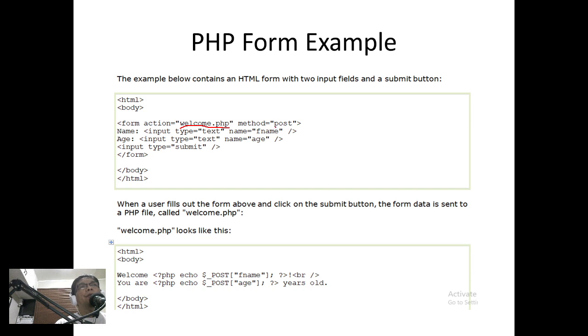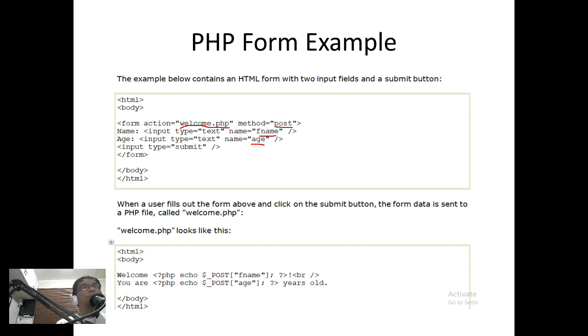And then here is the method of passing the data from this form to that page. That means if we click submit, it will open that page and the data will be passed using the post method. We have two text boxes with the names fname and age. So it's important that we remember these names.